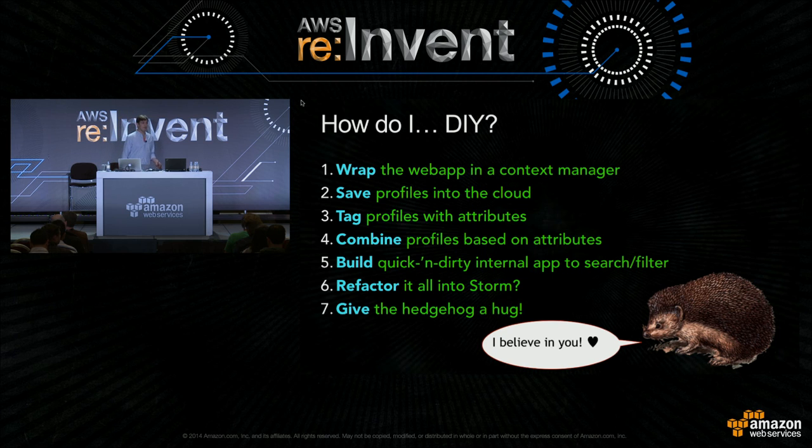Build a quick and dirty internal app to be able to access this stuff easily. This should take, a lot of people in the audience, like half a day. And then if you want it to be fast and you want it to be in real time, you can refactor it into Storm and Pyleus. And at the end, make sure you give Darius a hug because a lot of people get upset with him when he doesn't work and he could use the love. He believes in you.